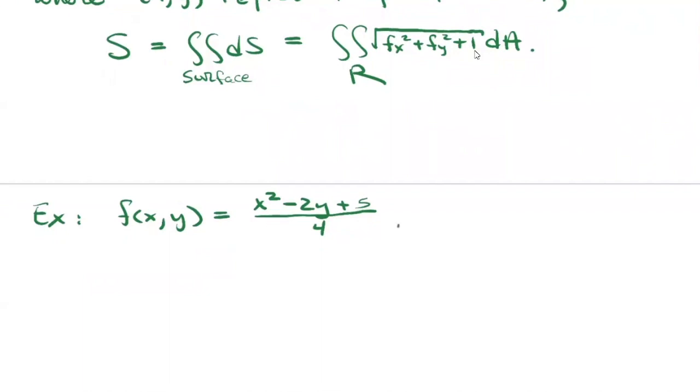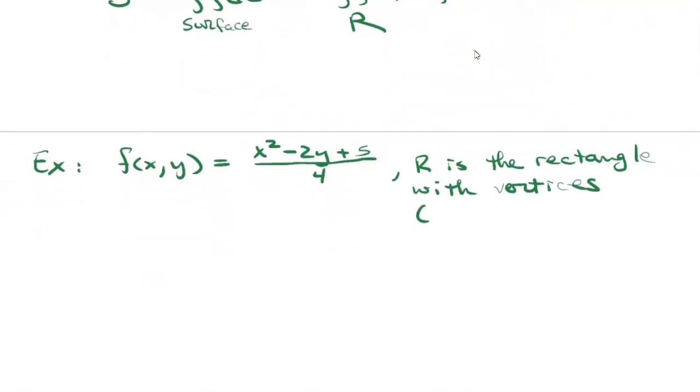And R is the rectangle. Here we go again with vertices. This sounds familiar. Okay, so my vertices are 0, 0, 2, 0, and 2, 4.